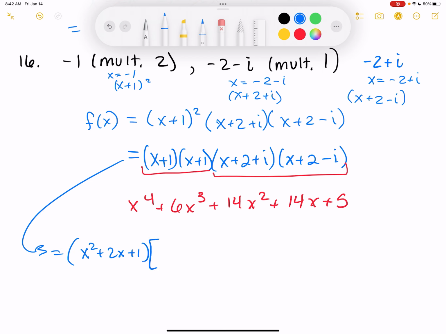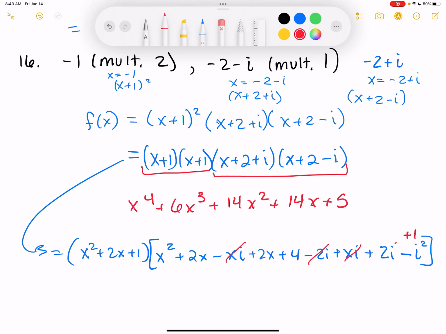And then over here, x squared plus 2x minus xi plus 2x plus 4 minus 2i plus xi plus 2i minus i squared. Is i squared negative 1 or no? Oh, yeah. Maybe positive 1? Yeah, so that's one mistake I made. It becomes positive 1. The two x's are positive. Minus xi and positive xi cancel. And then minus 2i plus 2i.